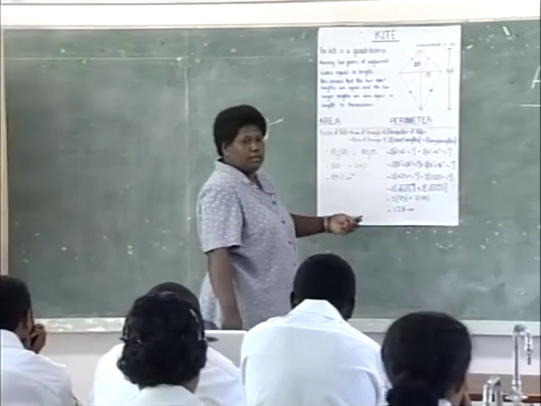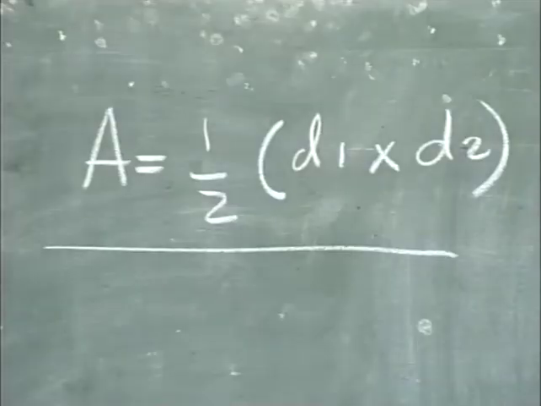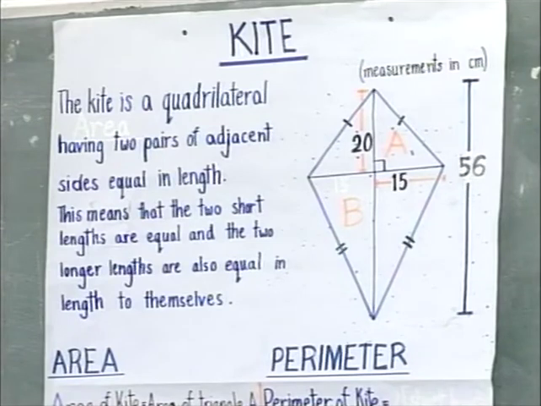You will also note that for the kite, you can also use this formula. Okay, let's just prove that. This is 36 and 20, so the length of this diagonal is 56.